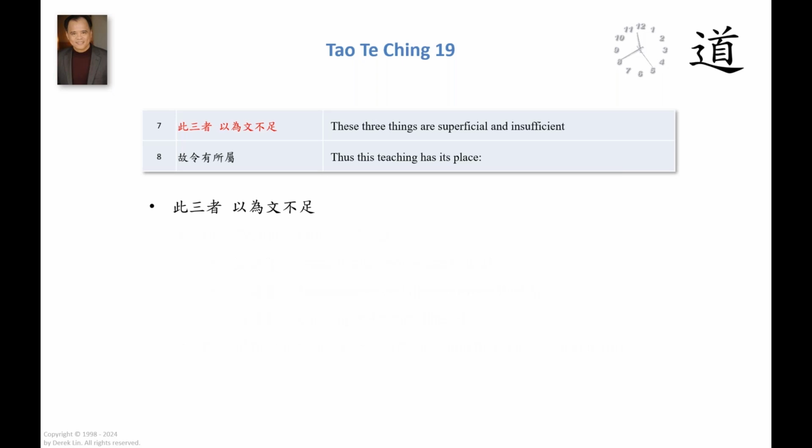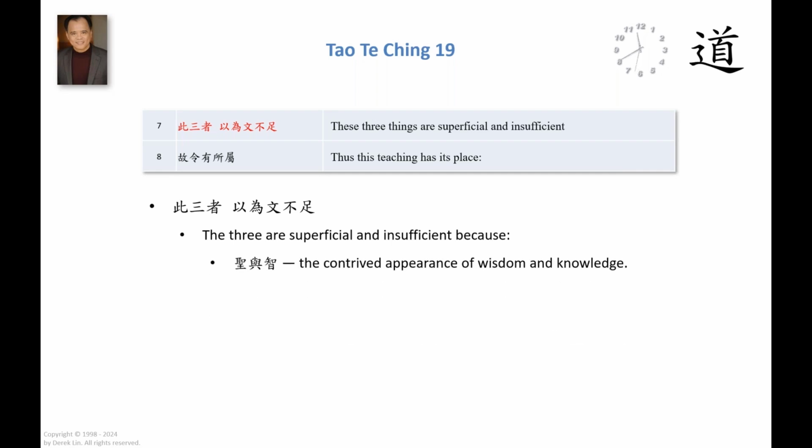Let me explain. Lao Tzu says these three things are superficial and insufficient, and that is because for sagacity and knowledge, it is actually the contrived appearance of wisdom and knowledge that we're talking about here. It can be negative because you and I can end up being fooled, being deceived by lies and half-truths that sound good superficially. Then the second one, benevolence and righteousness.